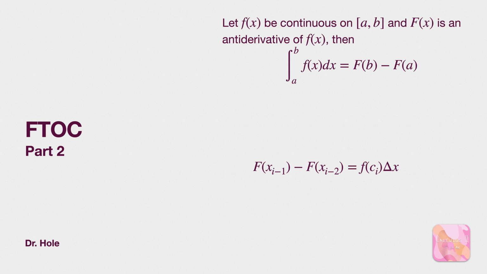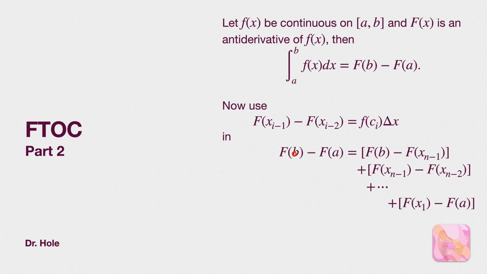So let's go back to that expression of F of b minus F of a, and then we added 0 multiple times and made certain pairings. And then we're going to use this identity of those pairings written out as little f times delta x. So let's do that first here on the bottom: we get f at some c1 times delta x.